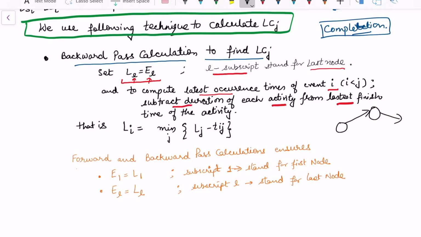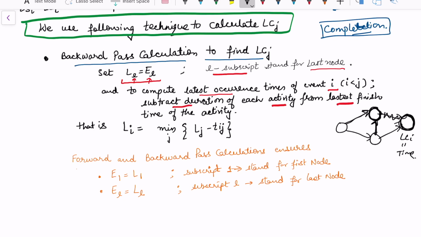I know what the latest time is here. Then I am assuming that this event was completed in this particular time. Then I am going to look up when this project is completed at this node. So I am only going to look up when these activities are going to complete. Nothing else has started. So this activity has not started. That is why the project is completed at this node.